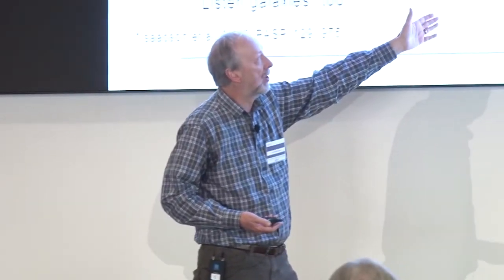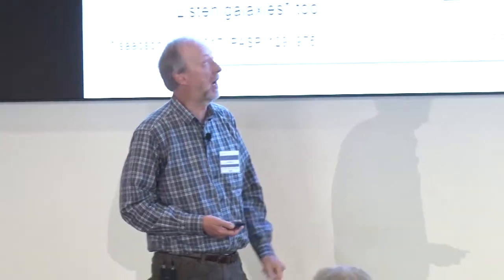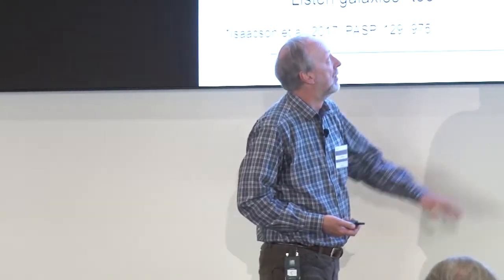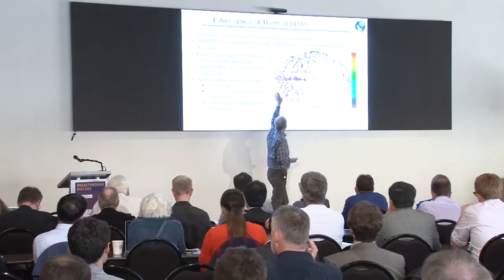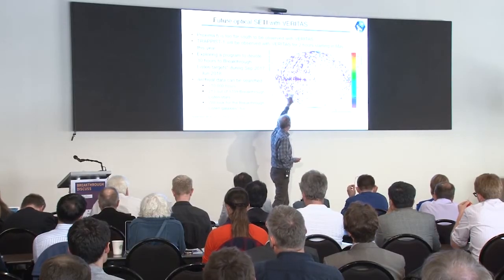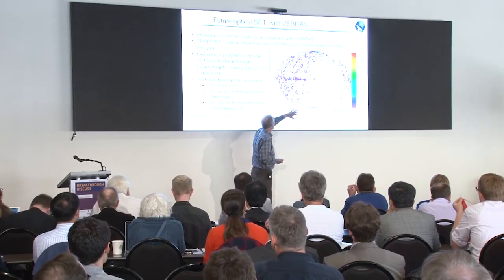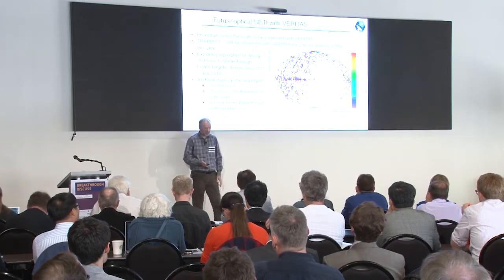In addition, we have a very large archival data set. Veritas has been operating for 10 years now. We have over 10,000 hours of data in good weather conditions. This figure here shows in galactic coordinates the coverage of the sky with Veritas. We've done a lot of observations along the galactic plane, but also all throughout the sky.